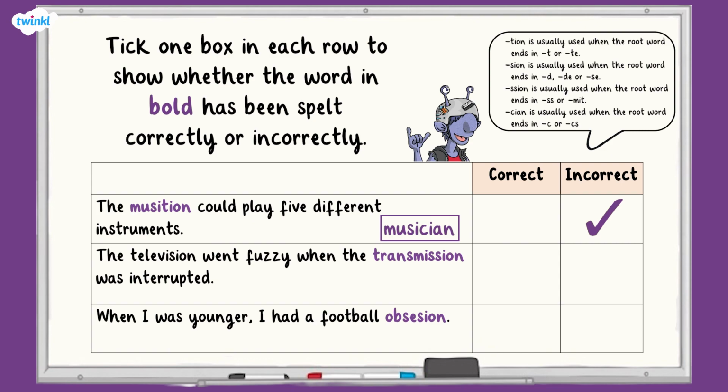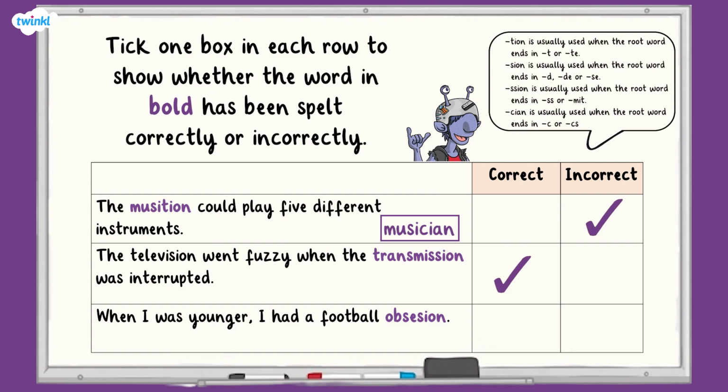Next, we have transmission. The root word of transmission is transmit, which ends in mit. This means the ssion suffix has been used correctly. This should be ticked as correct. The final word is obsession, which has the root word obsess.